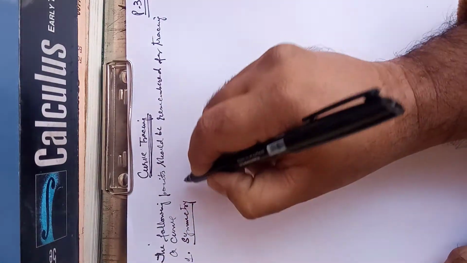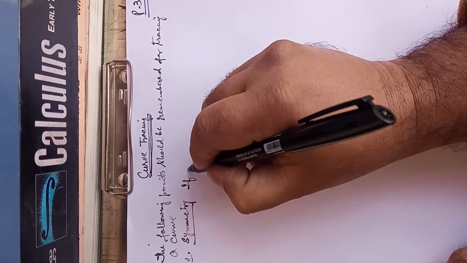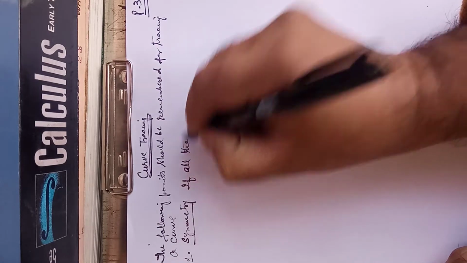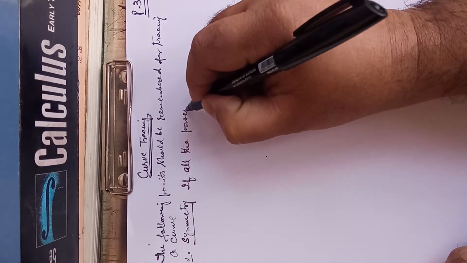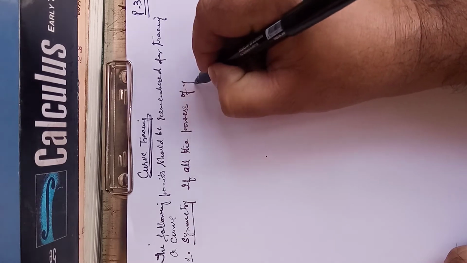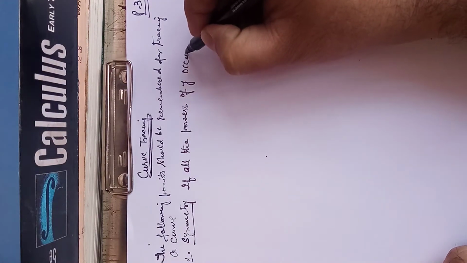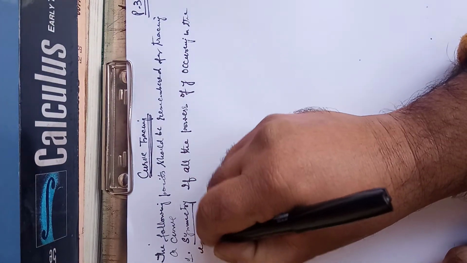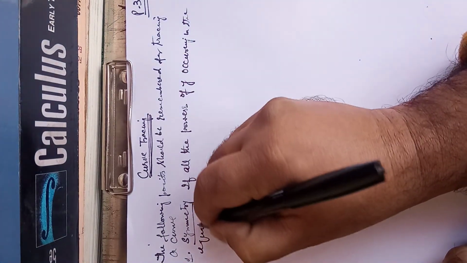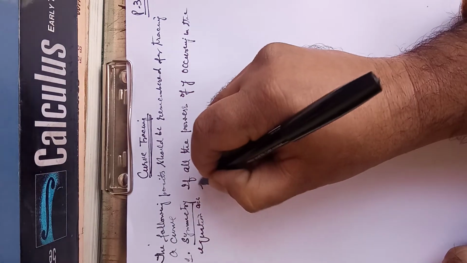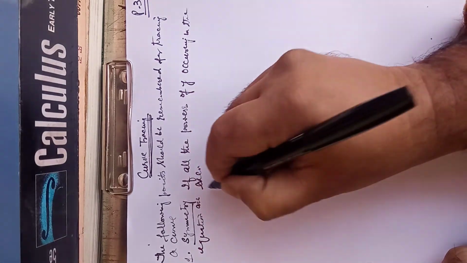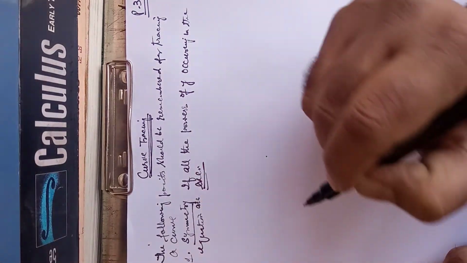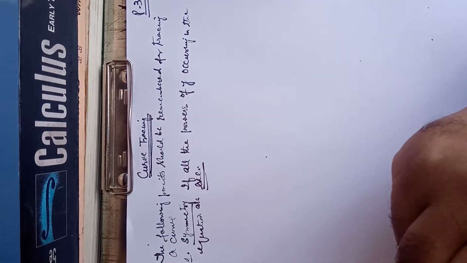See, if all the powers of y occurring in the equation are even, here you have y square, y to the 4, and so on.